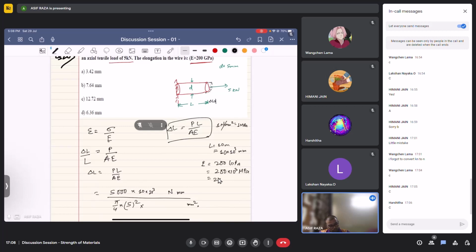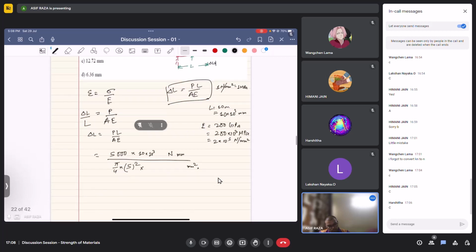So this is 2 into 10 to the power 5 Newton per mm². I'm writing the units so that you can get clarity. See here, Newton gets cancelled out and mm² gets cancelled out, so our dimension is correct in this sense.